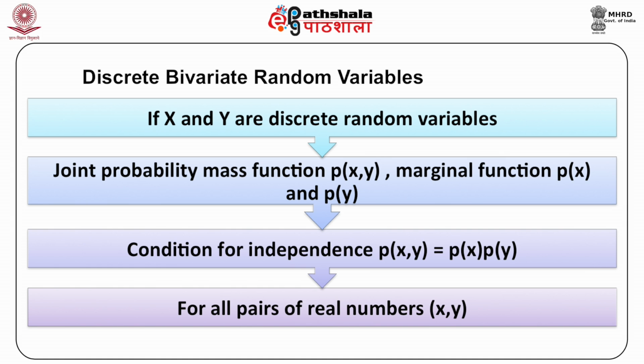If X and Y are discrete random variables with joint probability mass function P(x,y) and marginal functions P(x) and P(y) respectively, then from the definition of independence, X and Y are independent if and only if P(x,y) is equal to P(x) times P(y) for all pairs of real numbers x, y. If X and Y are not independent, they are said to be dependent.